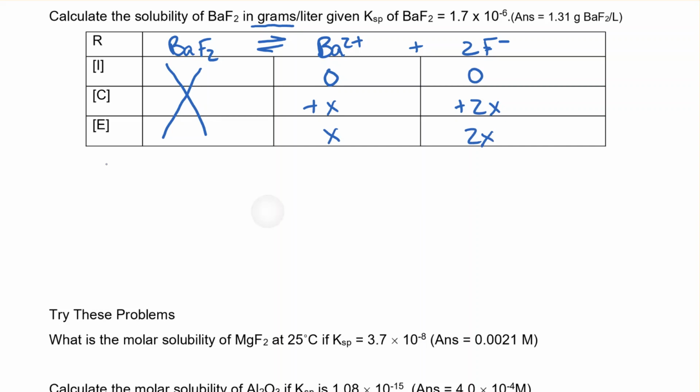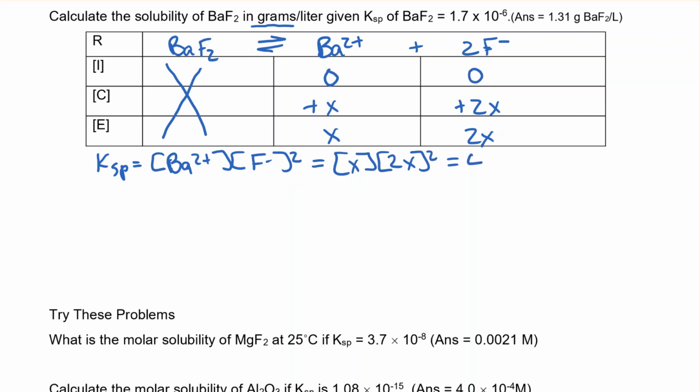So our KSP expression is equal to the barium ion concentration times the fluoride ion concentration squared. So this is equal to x times 2x squared.